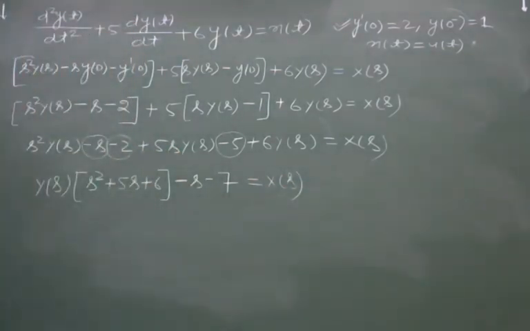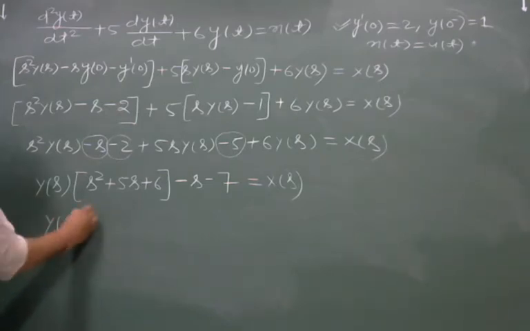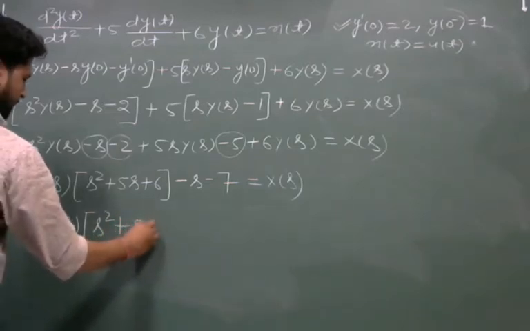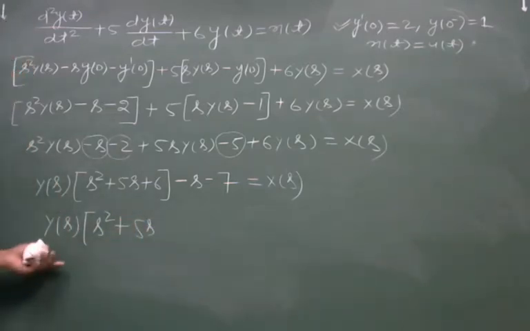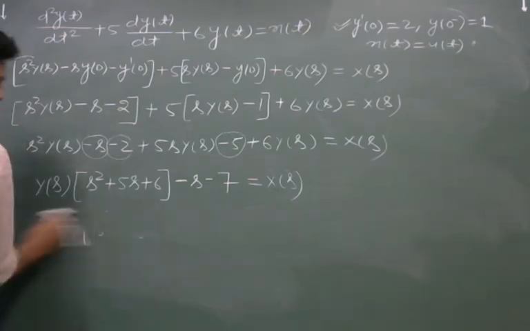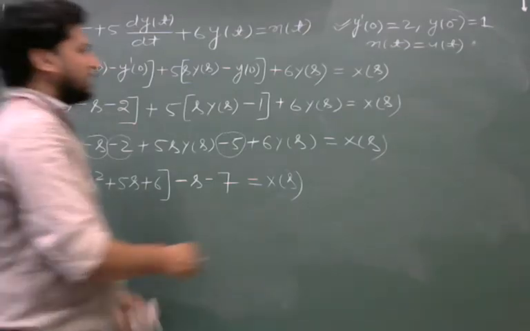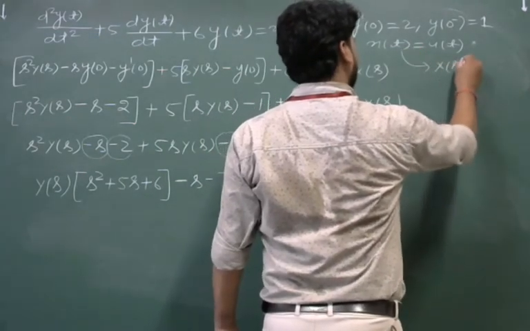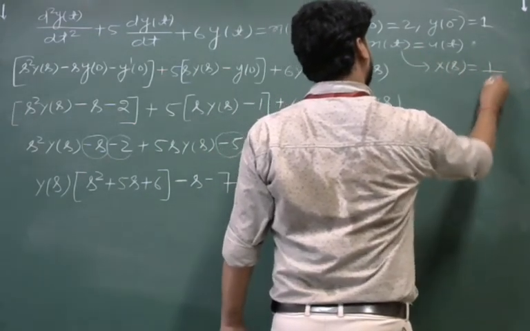And now this can be further simplified as y of s into s square plus 5s. Now we can put the value of x of s. Because x of t is given as u of t, then x of s will be equal to 1 by s.